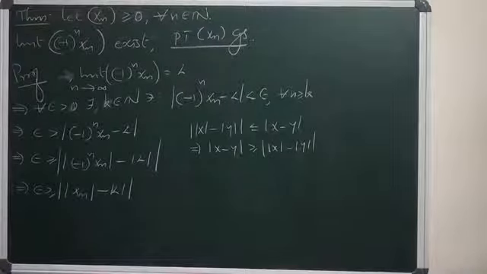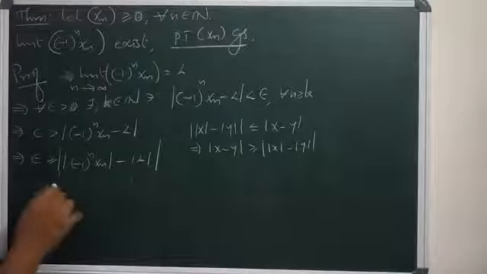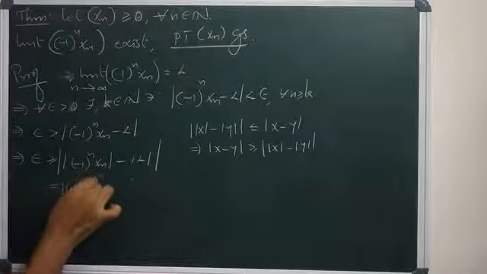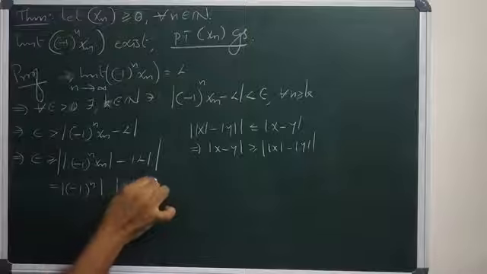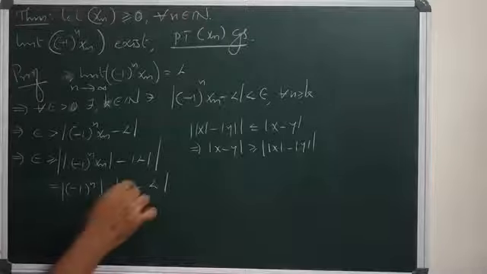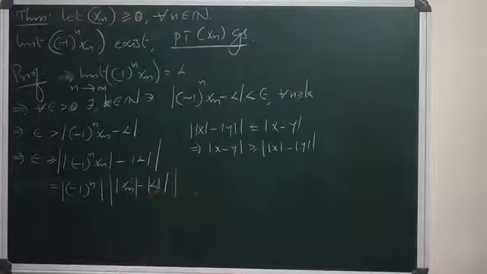Epsilon is greater than or equal to the modulus of (-1)^n xn minus L. This can be rewritten as the modulus of (-1)^n into mod xn minus mod L. Clear?